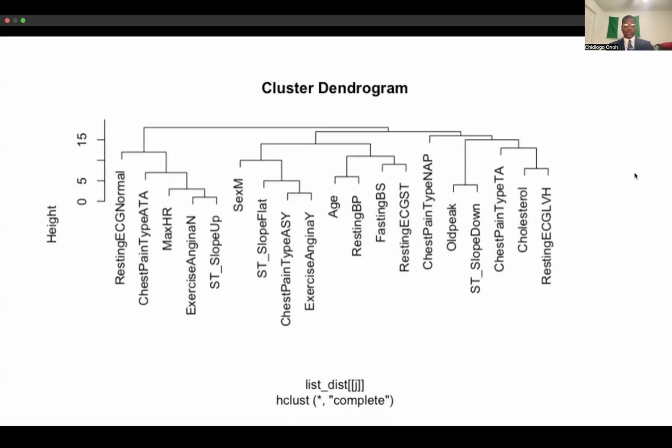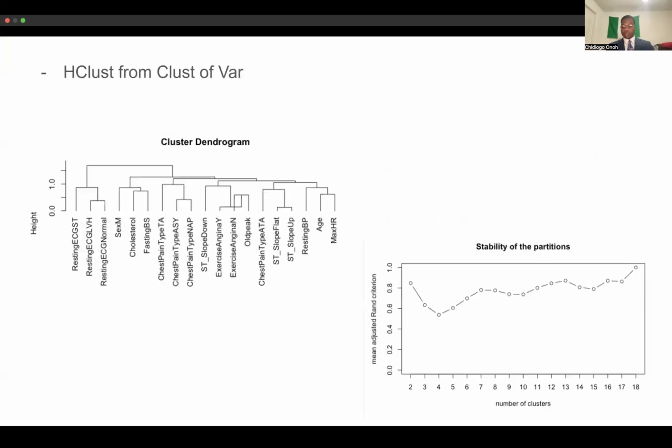And we also include the Euclidean distance and complete linkage because it's theoretically more simple to understand. And with our clustervar library, we can also print the stability plot, which shows that 4 clusters is ideal.